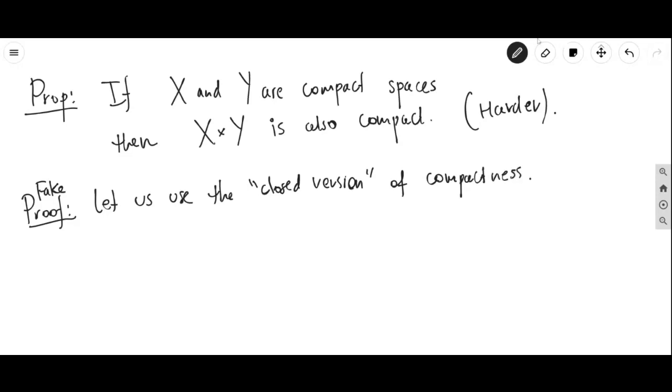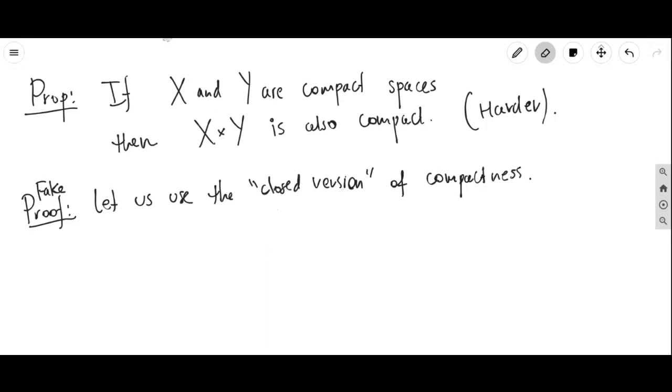If you recall, we mentioned two equivalent definitions of a compact space. One of those definitions involved open sets. It said that if we have a space that is a union of a collection of open sets, then a finite number of those open sets are sufficient to cover the space. And then we had the closed version, the one where we had closed sets.